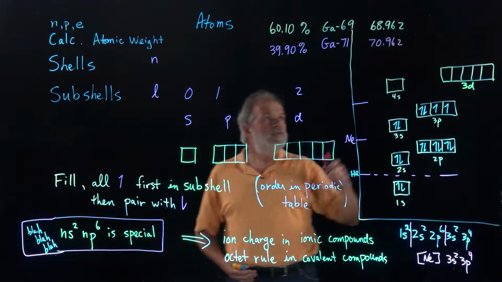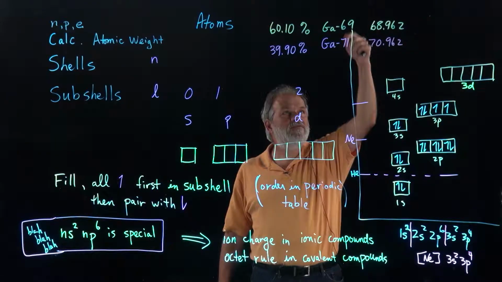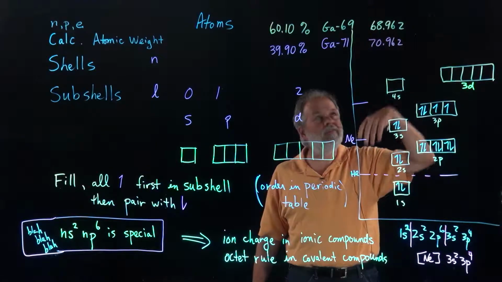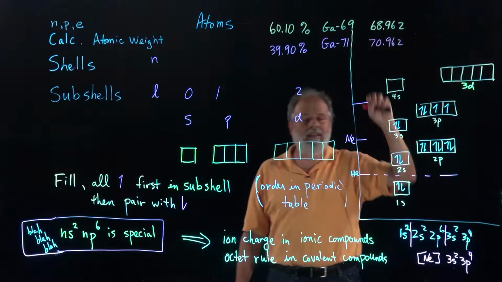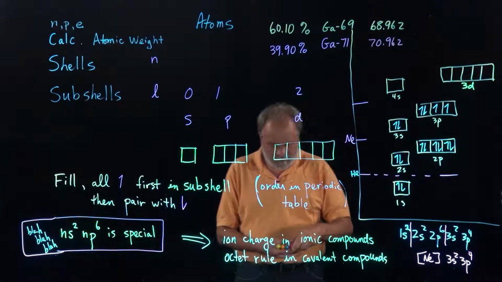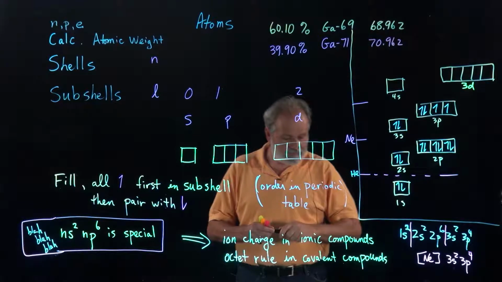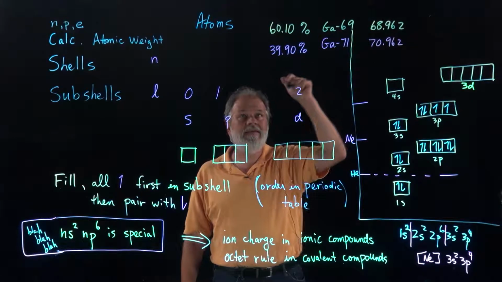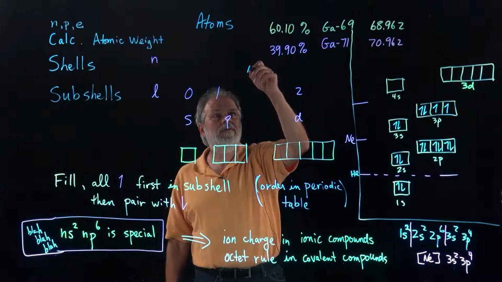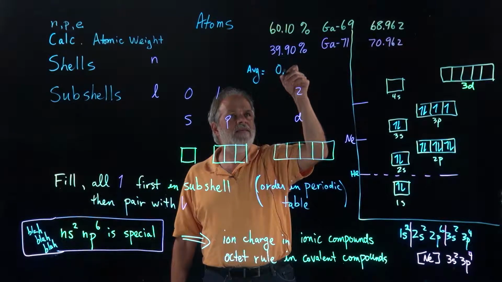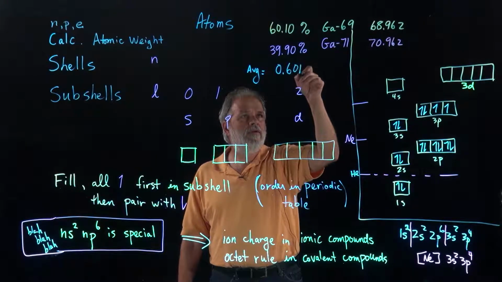All right, so notice what I did: this is 2 more neutrons, and I'm just going to guess that the atomic mass is 2 more. And that's going to be a really close guess. So how do we calculate the average? All right, now assuming these numbers are close to actual reality, the average should be the percent as a decimal number.